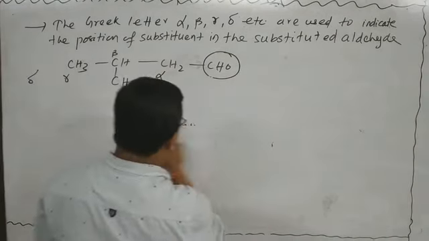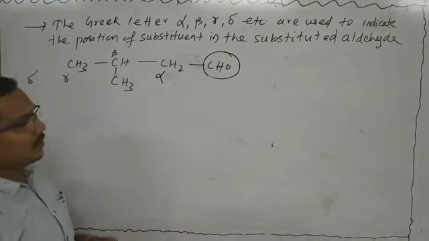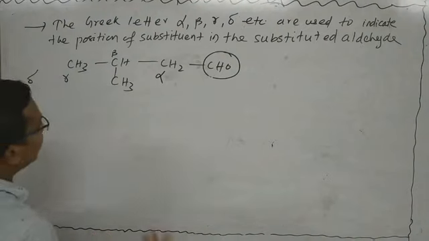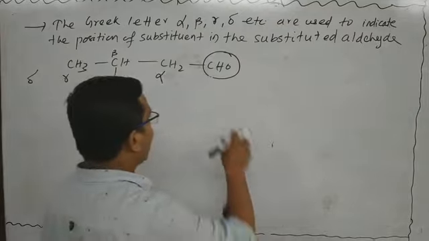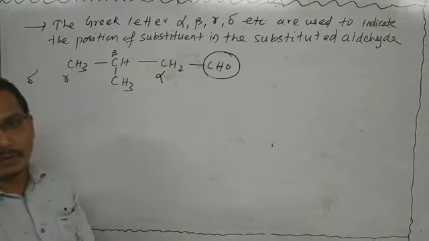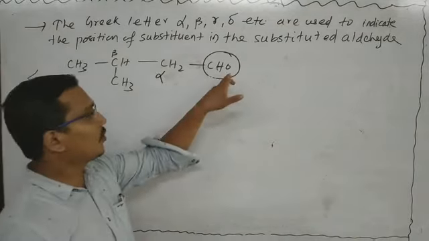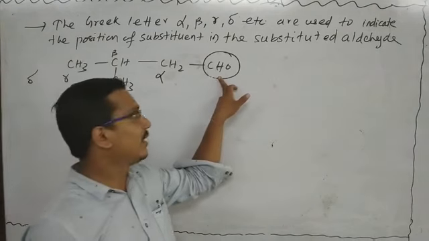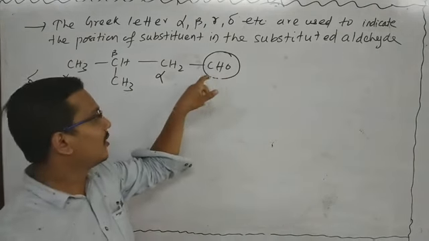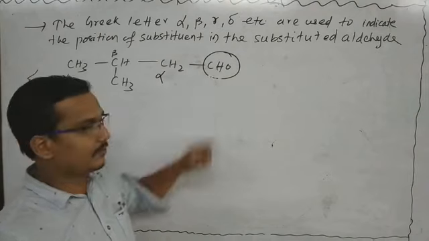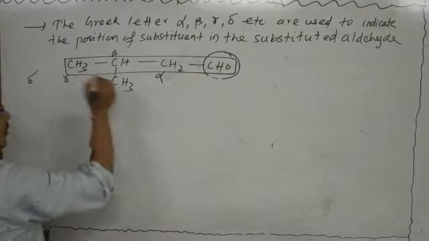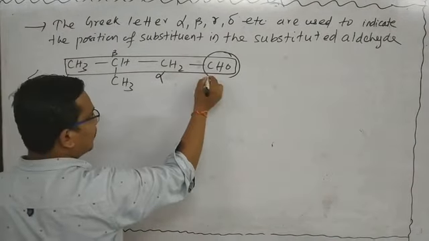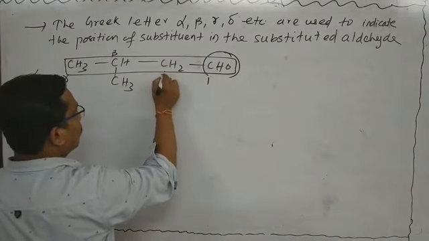Suppose I want to give a name to this compound, then what will be the name? Always remember that this type of functional group always lies on the long chain, and it is always given the number 1. So this is the long chain, and the numbering starts from 1, 2, 3, 4.